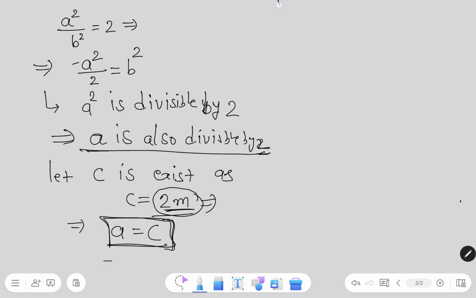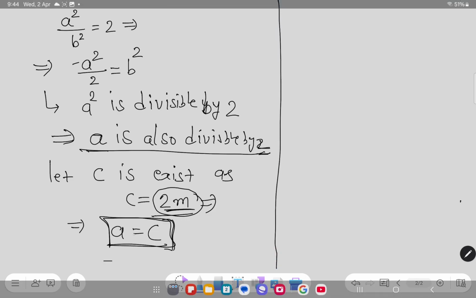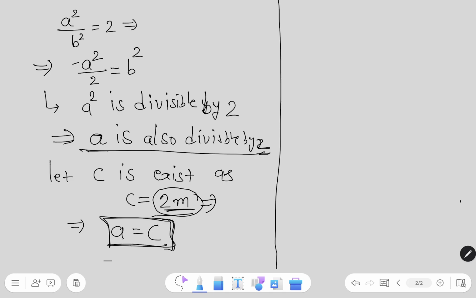So now the next step is putting a equals 2c. c is a multiple of 2, so we can write it as 2c. Okay, so I am putting a equals 2c in equation number 1. Where is equation number 1? Equation number 1 is here.